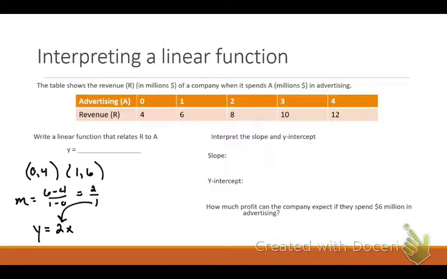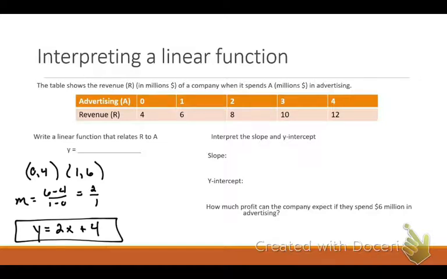What is my y-intercept? What's my y-intercept? 4. It's paired in my ordered pair that has 0 for x. Okay, so 2x plus 4. Does everybody see how I got that? That's one question in this section on your test.